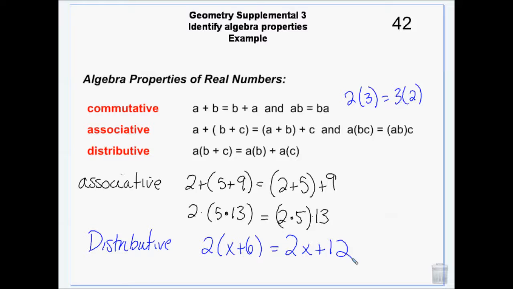That's distribution. Now, if we go backwards, it's also the distributive property. We call it factoring, but the property is still the same. If you start at the 2x plus 12 and then turn that into 2 times x plus 6, it's still considered distributive property. Goes both ways. You're just distributing out.